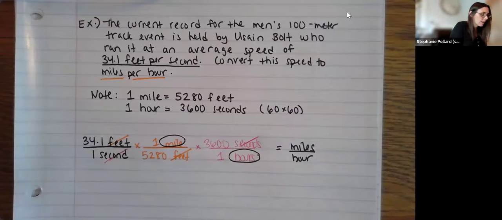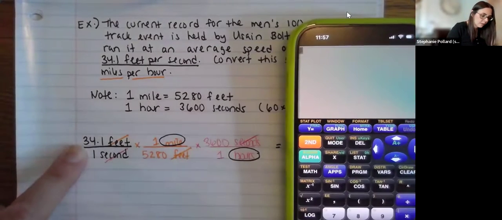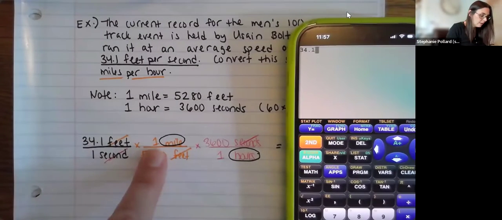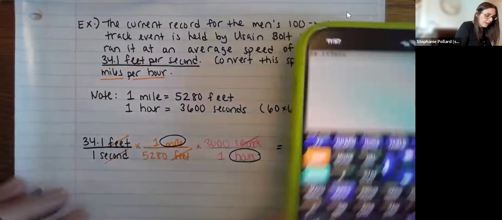Now what we're going to do is we're just going to multiply what's left here. So if we look at the top piece, let me get out my calculator here for a second. I have 34.1 times 1 and then times 3,600 here. So I'm going to actually move down here.